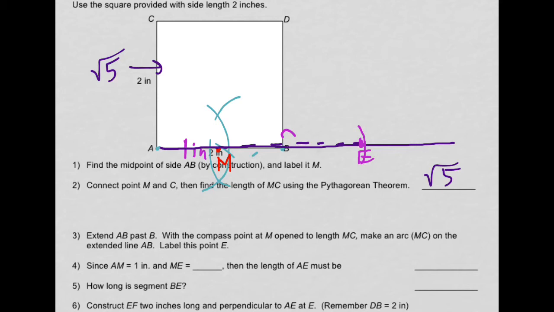Next, since AM equals 1, where this is AM right here, and ME right here equals, what does it equal? The square root of 5, remember? So let's write that down.